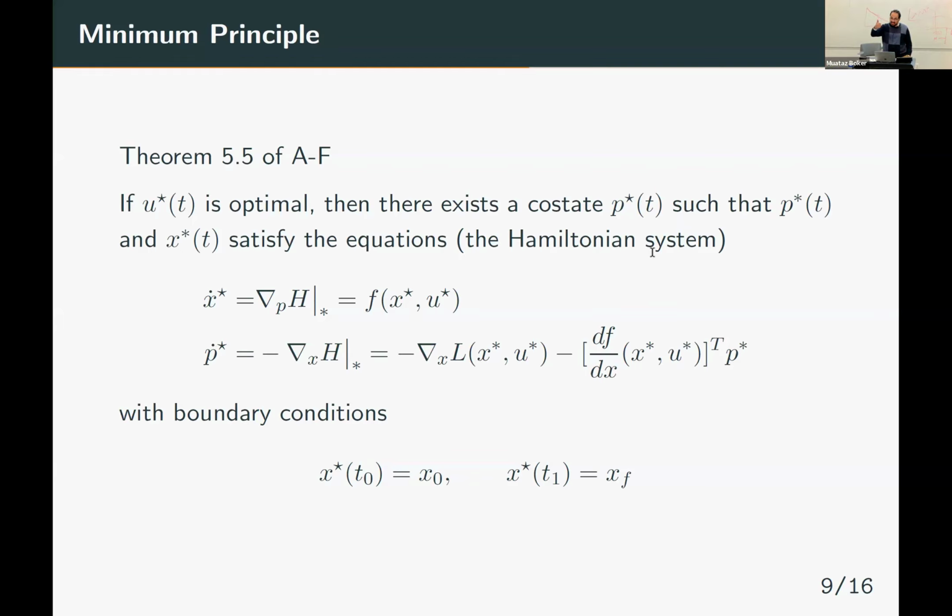We have the original system. The Hamiltonian system is composed of the original state of the system of interest, plus the co-states. So if x has a dimension n, then the Hamiltonian system will have a dimension of 2n.